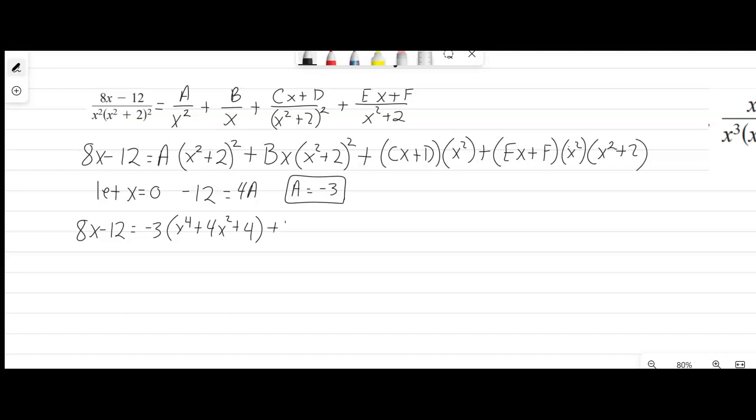This is going to be plus bx times x to the 4th plus 4x squared plus 4. And I'm going to wait to do the distributing here. So cx plus d times x squared. And then that's going to be plus, and then ex plus f times x to the 4th plus 2x squared.